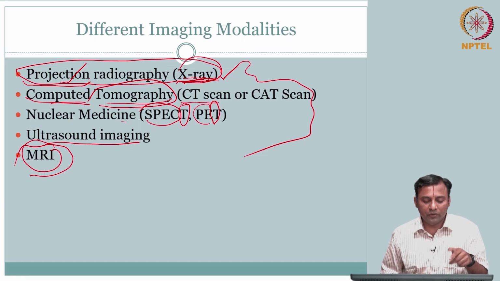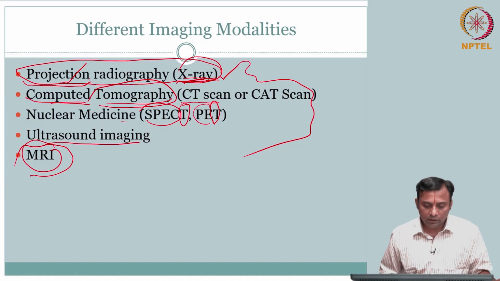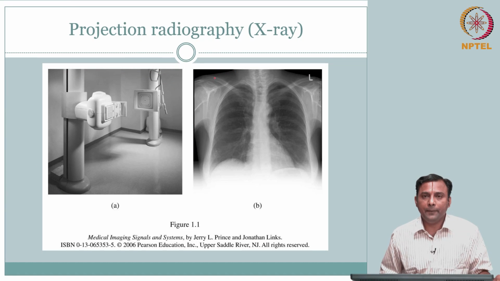So, now we will try to take each modality listed here and relate it to whatever we have covered so far, with respect to how it satisfies the overall objective, how it satisfies the general requirements, and so on and so forth. Clear. So, let us get to the first modality.